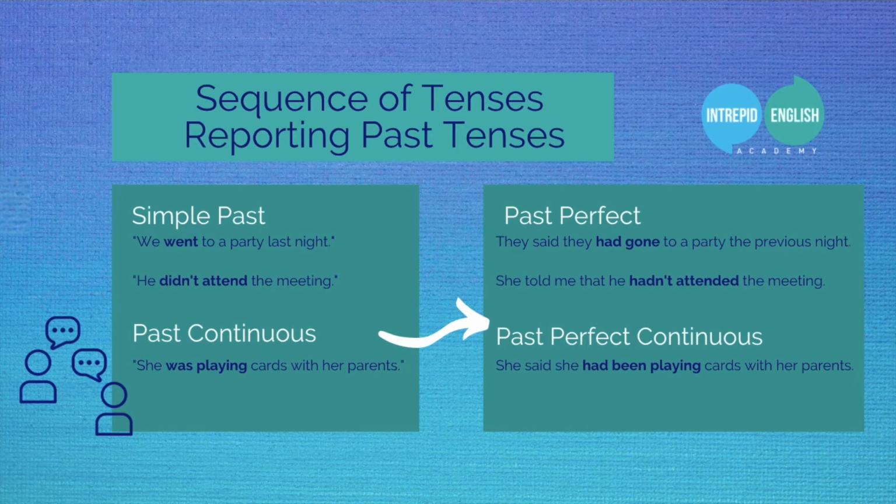Then playing is another main verb, okay? So remember, with continuous tenses, we need ing on the main verb. With perfect tenses, we need have or have been, or a variation of that. She said is the first part to describe the action. She said she had been playing cards with her parents.